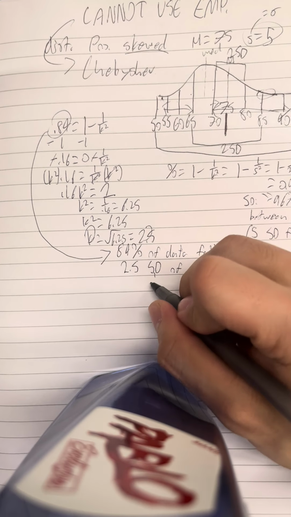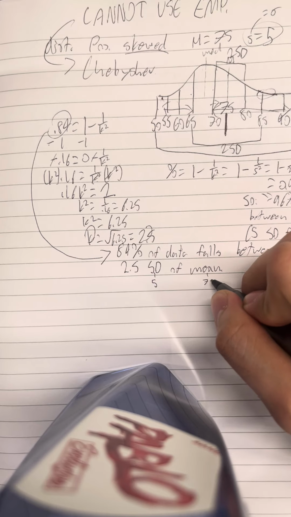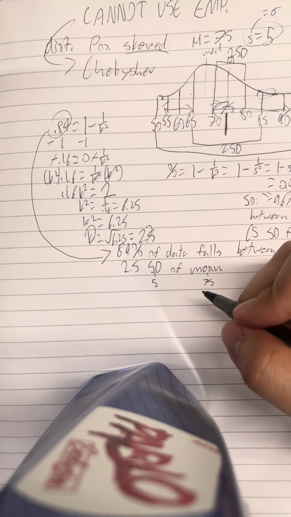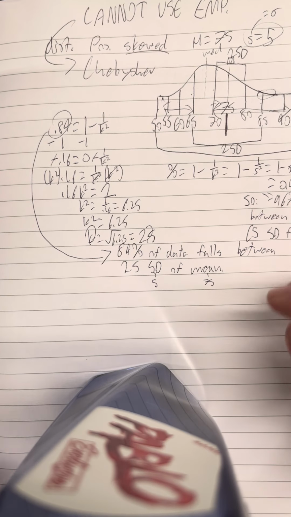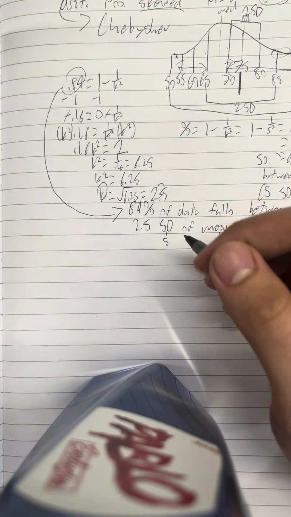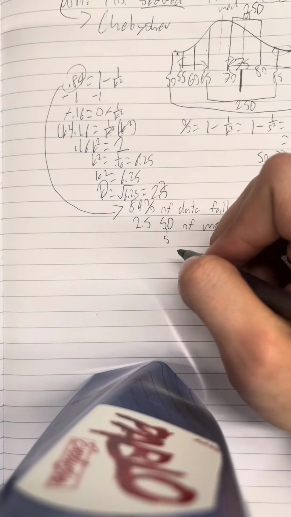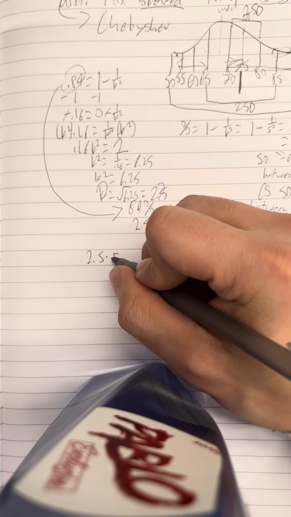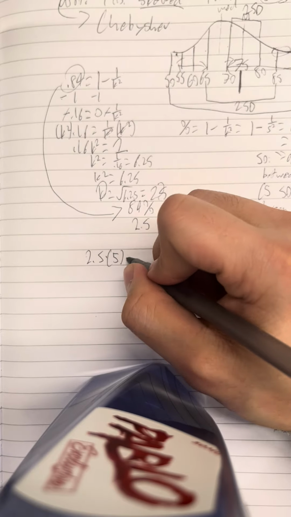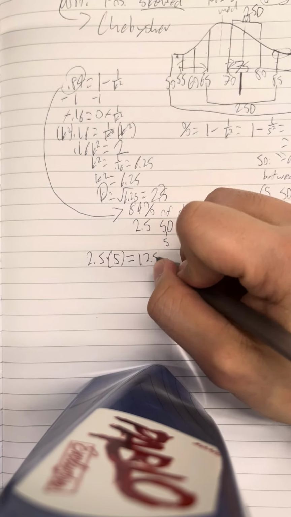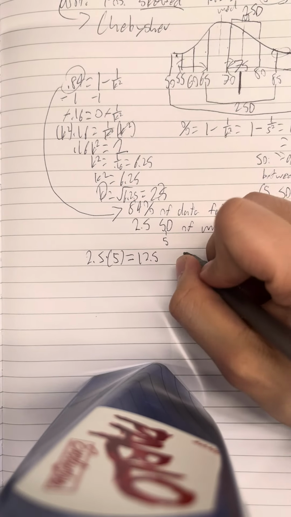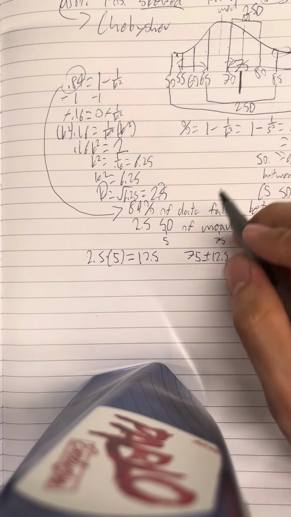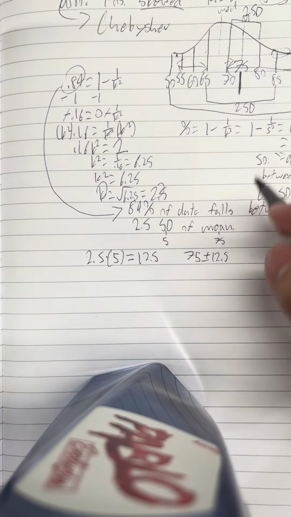We know the standard deviation is 5, the mean is 75. So to calculate the interval, I'll move this down. All we do is 2.5 times the standard deviation value is 12.5. Then we have the mean plus or minus 12.5 because it goes out to the right and to the left.